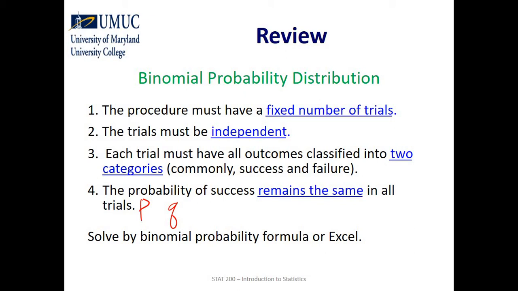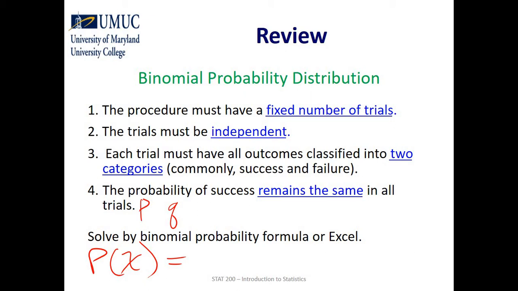As a further review, does anybody remember what the binomial probability formula is? The probability that the number of successes equals x is equal to, the first term is a combination. We have a total of n trials, and we're going to pick x of them to be successes.